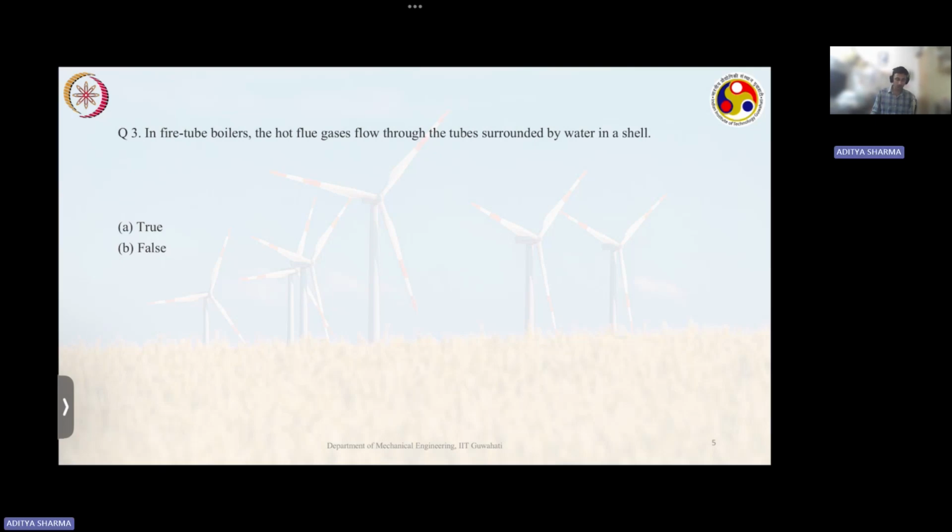The question here says that in fire tube boilers, the hot flue gases flow through the tubes surrounded by water in a shell. Whether this is a correct statement or not.